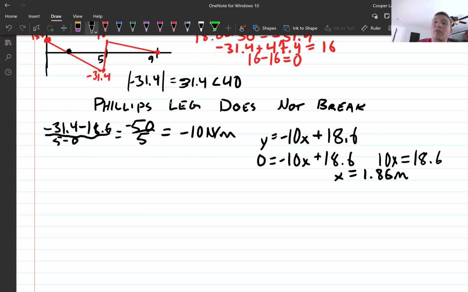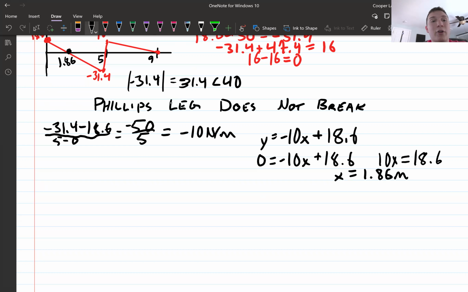So now we're going to be using the area under the curve, or in this case, under the diagram where we have triangles. The area of a triangle is 1/2 base times height. We've established that this here is 1.86.